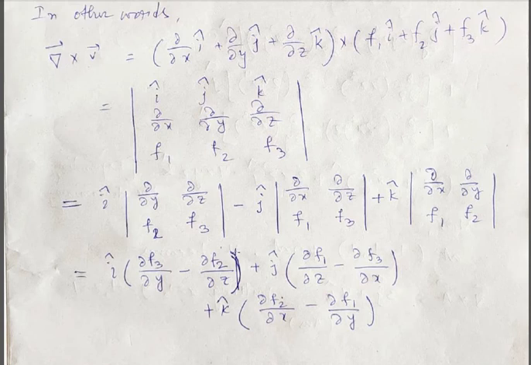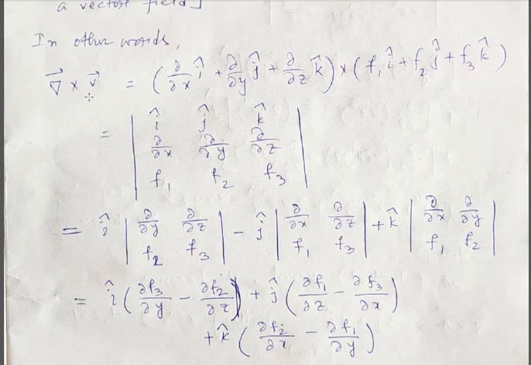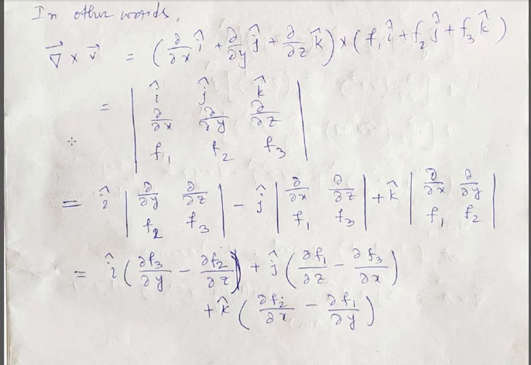In the case of divergence, divergence is grad dot V. It was a scalar quantity, because the outcome of a dot product is a scalar, so there is no i j k. But curl is a cross product and the result will be a vector; i, j and k are involved in the outcome, so it becomes a vector.